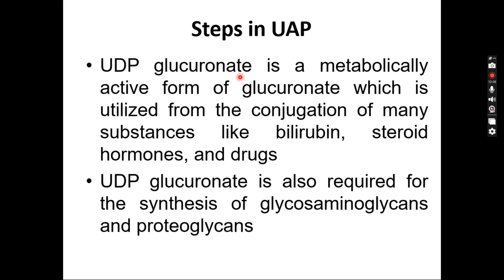Meaning it's able to take part in conjugation reactions where it combines with other substances and makes them also highly polar. Once these substances have been made highly polar, they are able to dissolve in water, and they can be transported to the kidneys and be excreted.